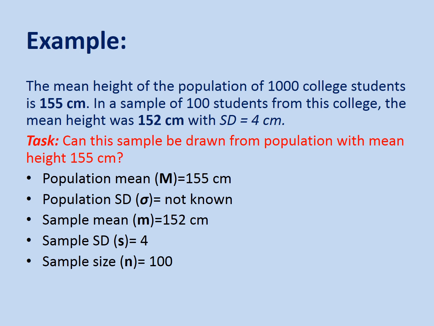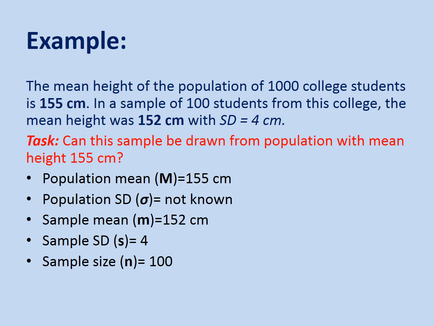Mean height, that is capital M, is known and equal to 155 centimeters. Now we have drawn a sample of 100 students from this college, so n, the sample size, is equal to 100. The mean height of that sample of 100 students is 152 centimeters, so the sample mean small m is equal to 152 centimeters, and the standard deviation is equal to 4 centimeters.